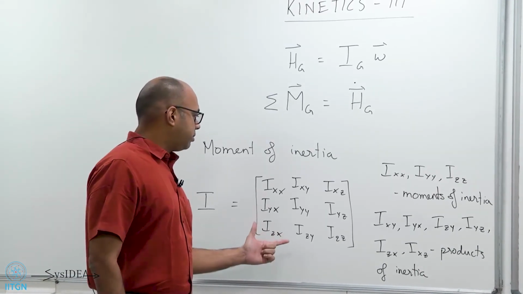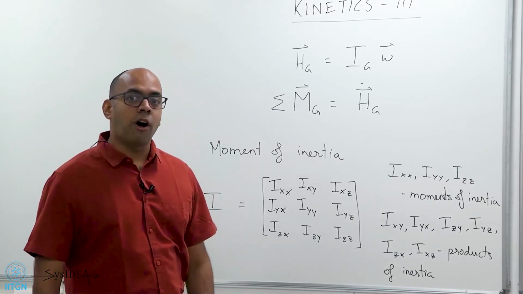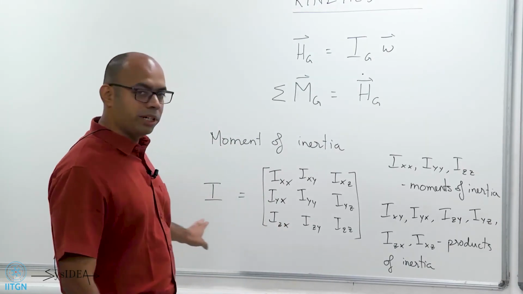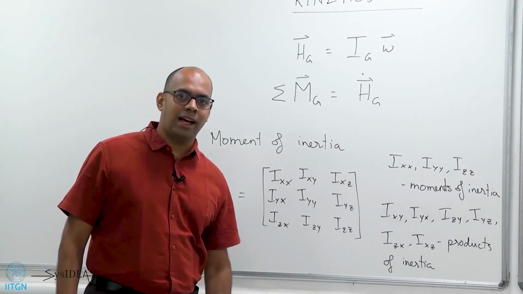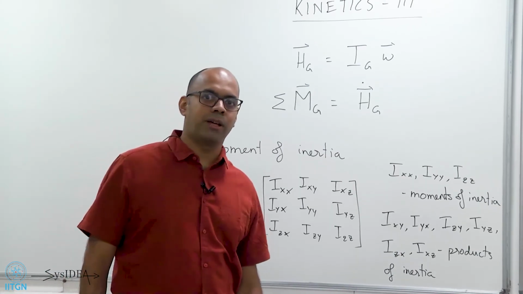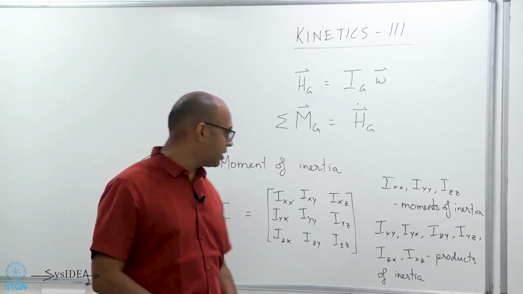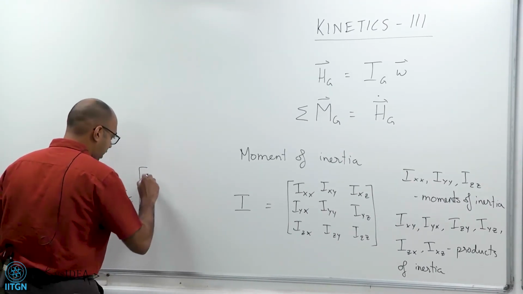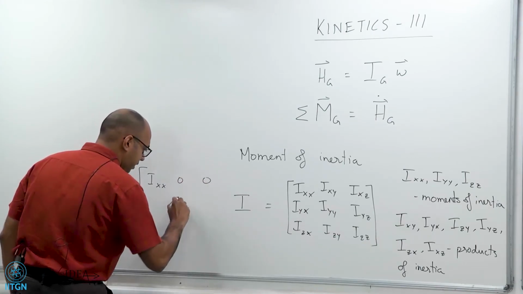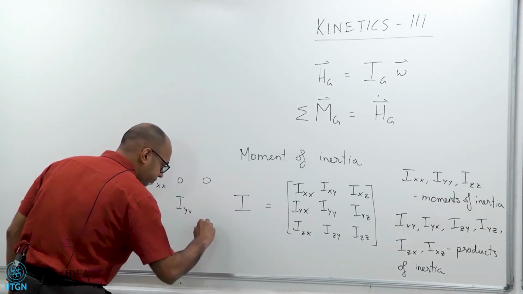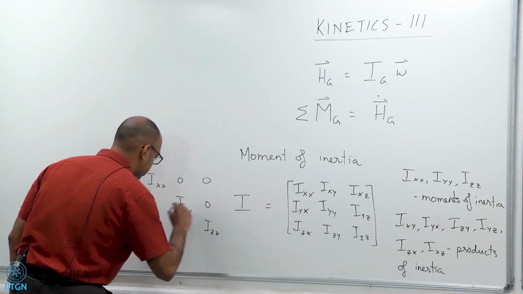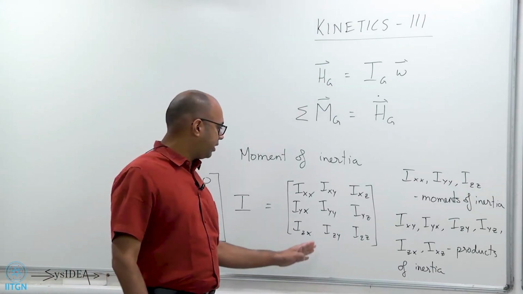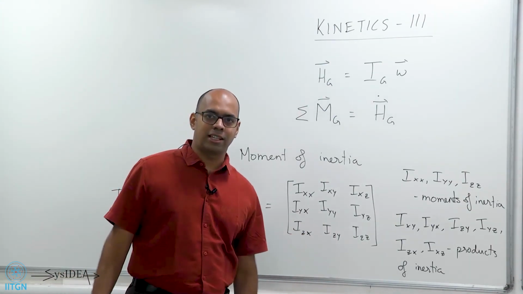The other interesting property about moment of inertia is there always exists one set of axes about which this moment of inertia is diagonal, and that frame is called the principal axis, and about the principal axis the products of inertia become 0, and you always have just a diagonal matrix here. So mathematically you can think of it as saying that this matrix is always diagonalizable.